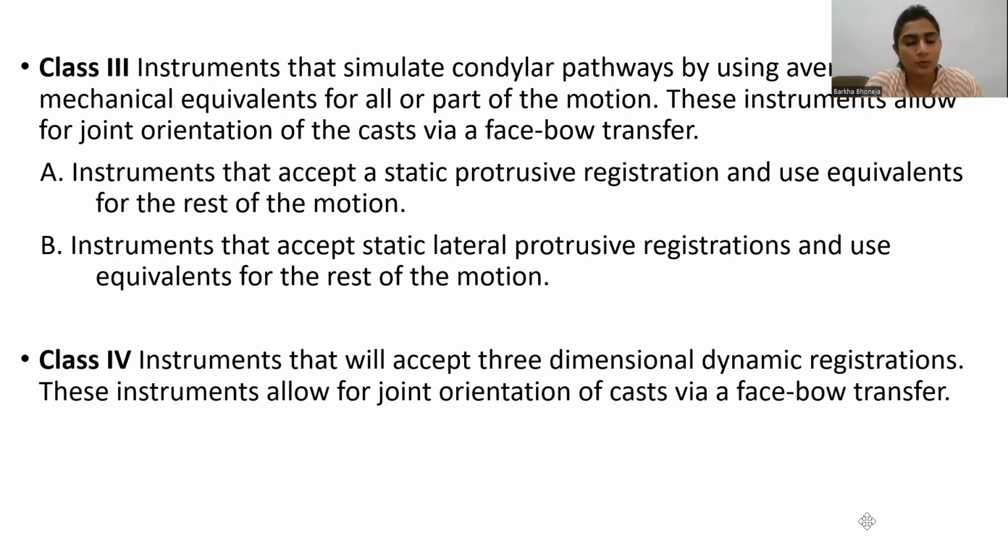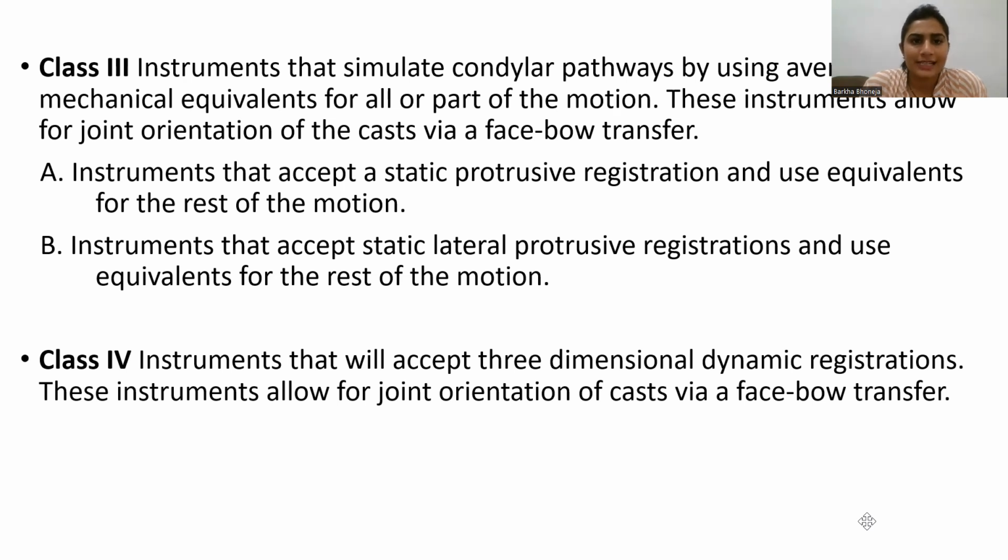In class 1 and class 2, there is no face-bow record. There is a centric relation record in class 1, and in class 2 a centric relation record as well as limited protrusive and lateral records, whereas in class 3 we take a face-bow transfer as well. Class 3 also has subtype 1 and type 2.